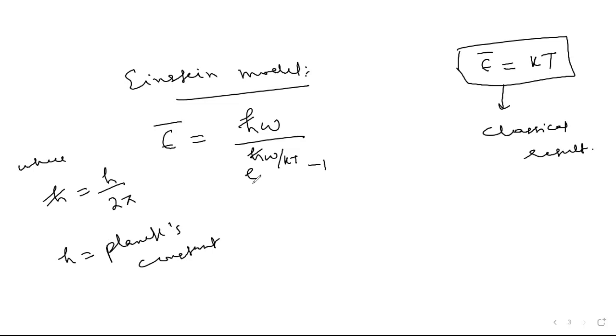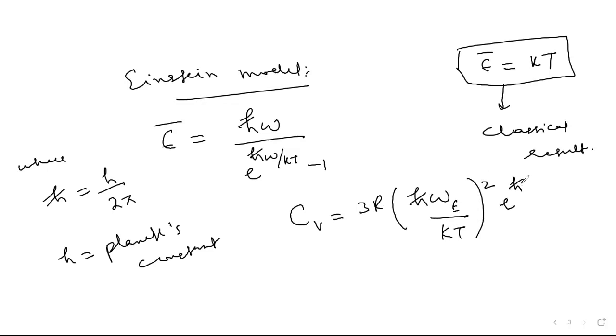When we use this expression for the average energy of an oscillator, we derived the expression for Cv in the Einstein model, which turned out to be 3R times (h bar omega E over kT) whole squared, times e raised to the power h bar omega E over kT, all divided by (e raised to the power h bar omega E over kT minus 1) squared.